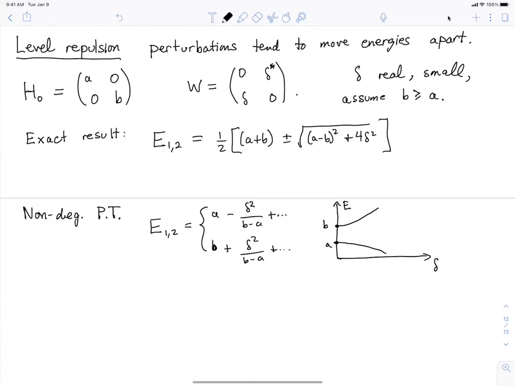And so that's the quadratic level repulsion. You have to work to second order, but it's quadratic, going like the square of the perturbation.